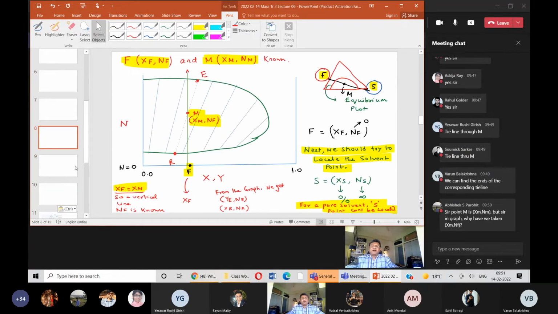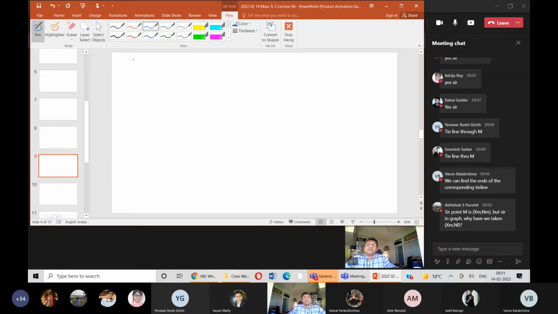So these two are now known. So now we can use the C balance once again. This is easy now. This part of the C balance, M dash XM is equal to E dash YE plus R dash XR. So all we do is simply M dash XM is equal to E dash YE plus (M dash minus E dash) XR.